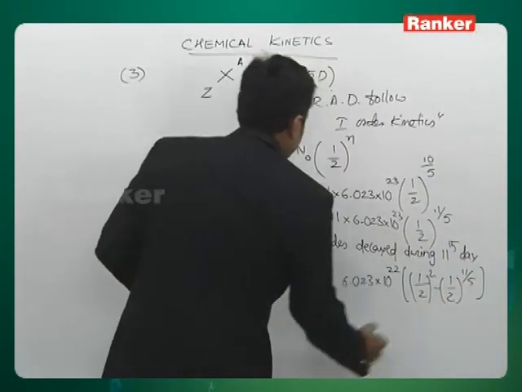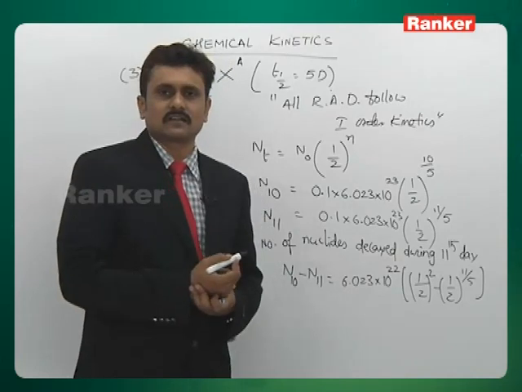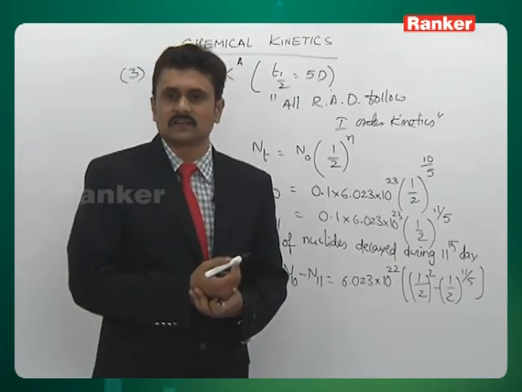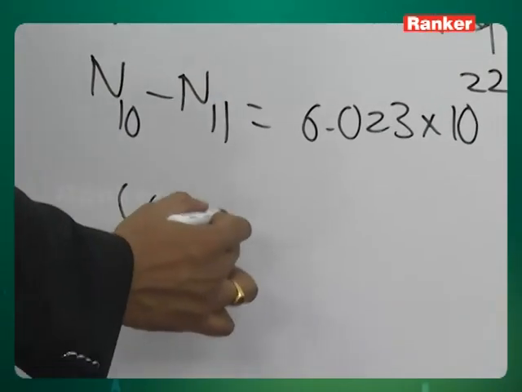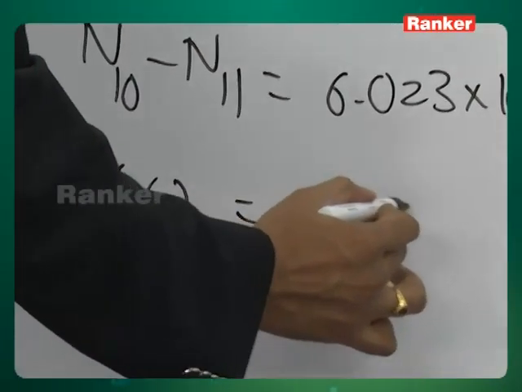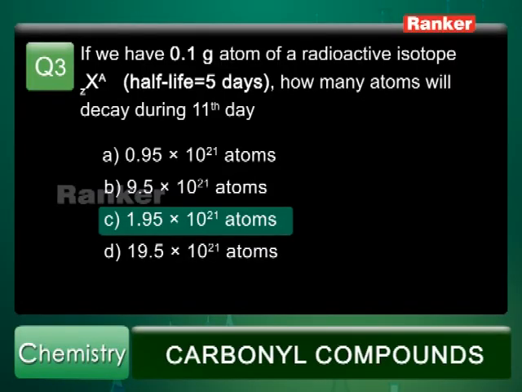Now simplification of this will give you the number of nuclides that decayed during the 11th day, and the answer for this question is C. That is 1.95 into 10 to the power 21 atoms of this radioactive isotope have decayed during the 11th day.